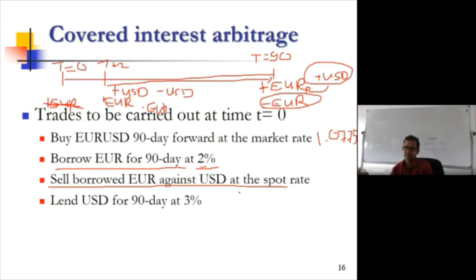That's the basic. If the market forward rate is cheap, buy from the market forward, borrow the base currency on spot basis, sell that borrowed amount to buy the counter currency on spot basis, and lend that counter currency for the same period. In this example, 90 days.